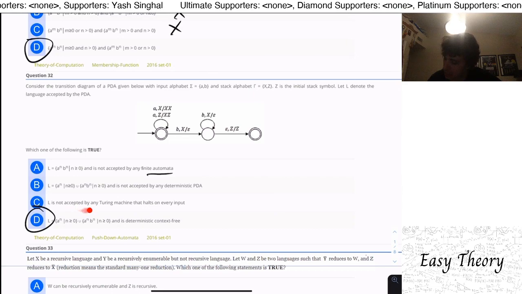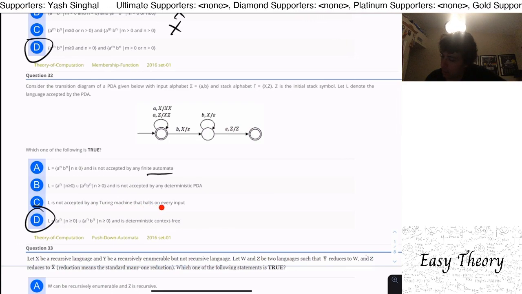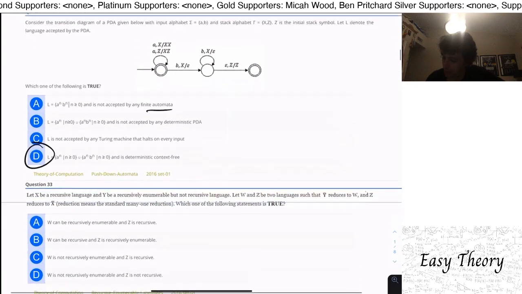So would C work? Why wouldn't it work? No, because we saw that it must halt. So C is not true. Not accepted by any deterministic PDA. This is a deterministic PDA. And this one's not true because the language is wrong.